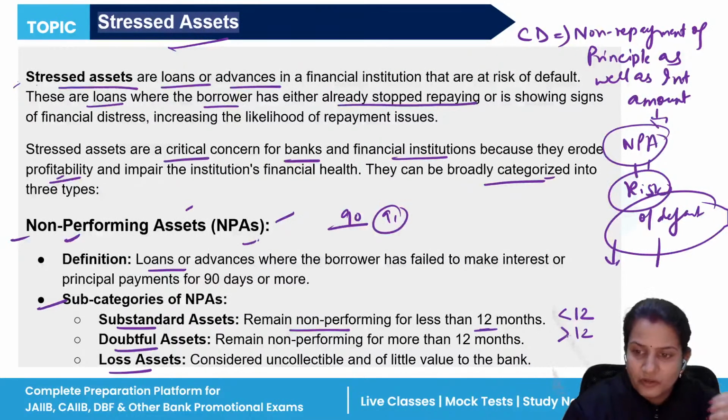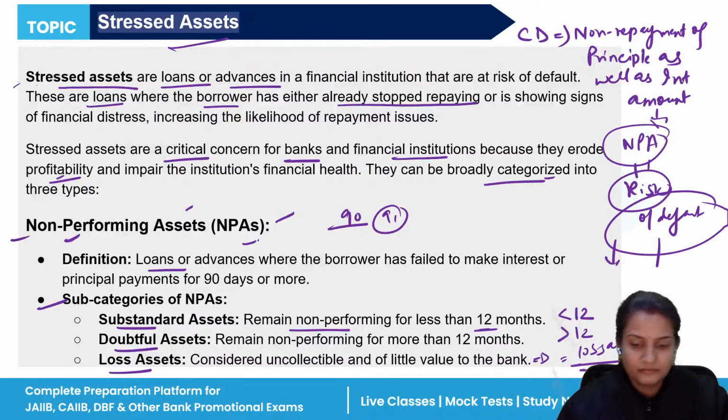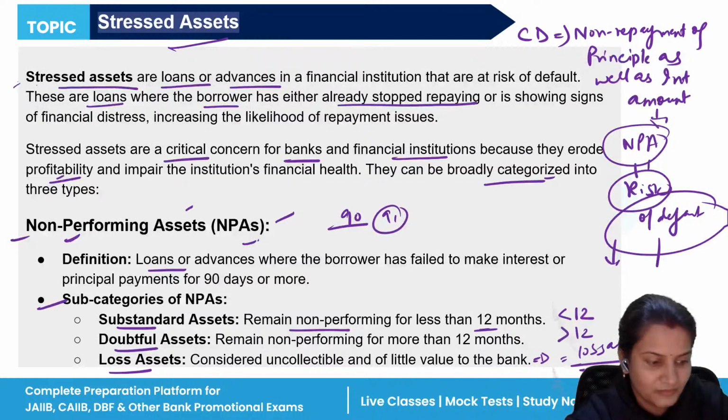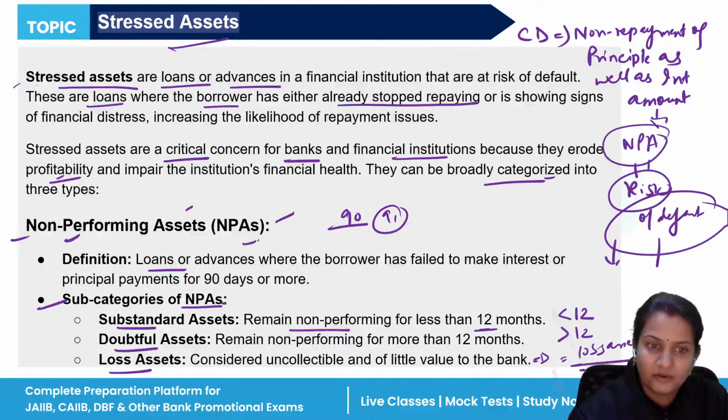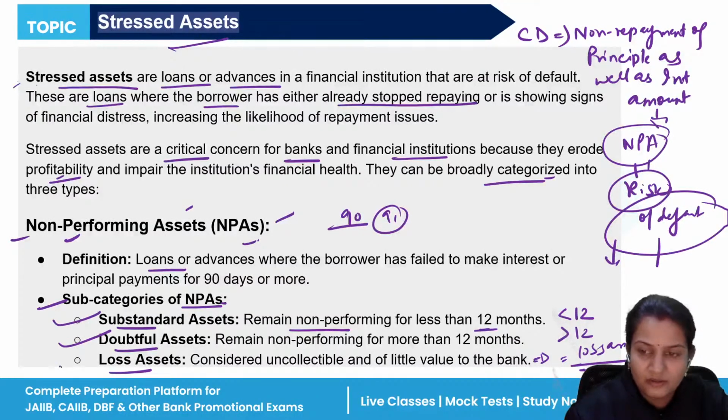And loss means considered uncollectible: finally a time comes when the bank feels that, okay, now I'm not going to recover my money back, so let's declare all these assets as loss assets. Clear? So these are the categories of non-performing assets. There are two types of categories: performing and non-performing. So non-performing includes substandard, doubtful, and loss assets.